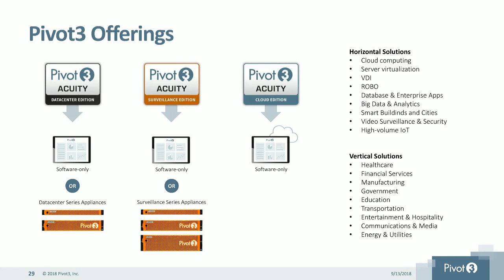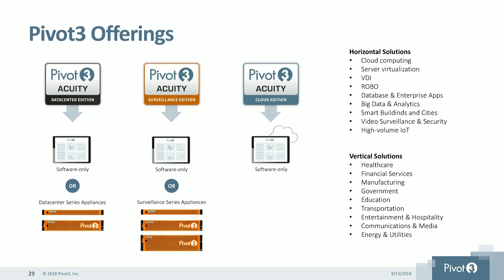So we have a data center edition that's focused more on those data center type workloads. We have a security and surveillance edition that's focused more in the IoT space and video surveillance workloads. And then the cloud edition, as we've gone through a lot of the details there, and that's an instance of our software that runs on the cloud.